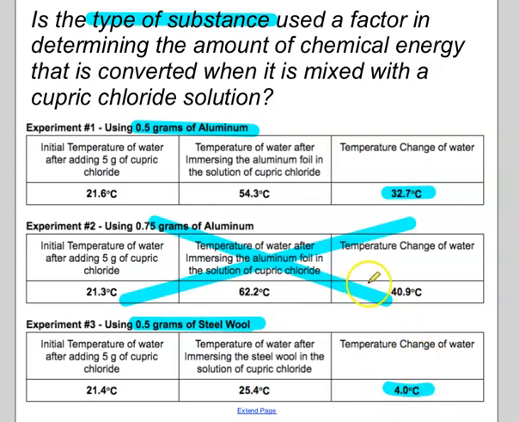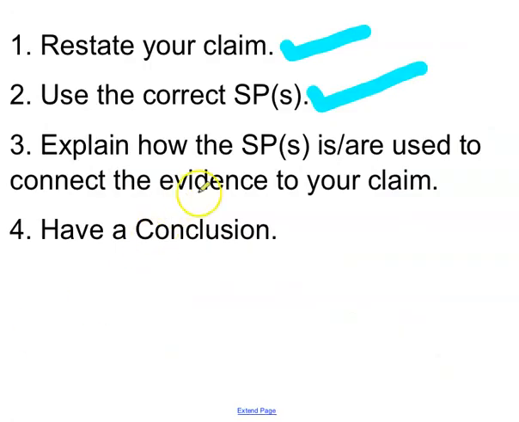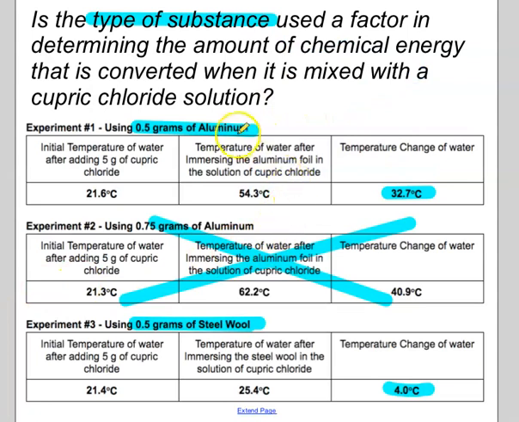So you notice how I did that? Did you notice how I explained why this is important? I explained that when we compared them, there was a difference. The type of substance does make a difference. This one had 32.7 degrees of change, and this one had 4.